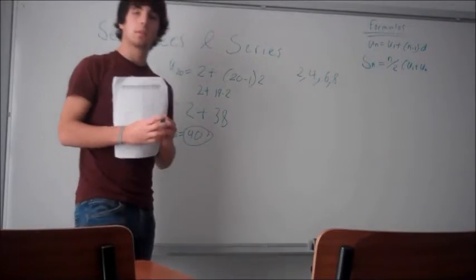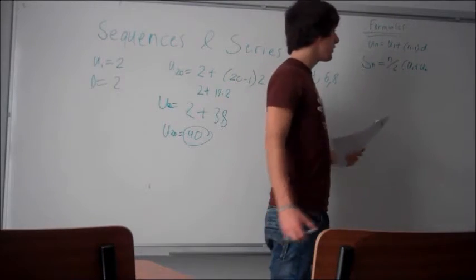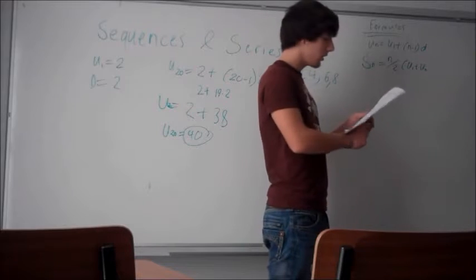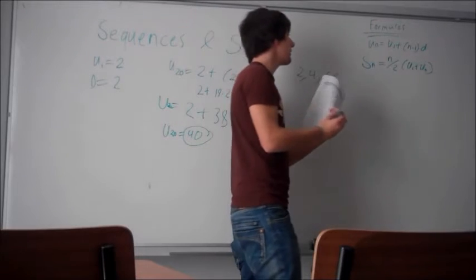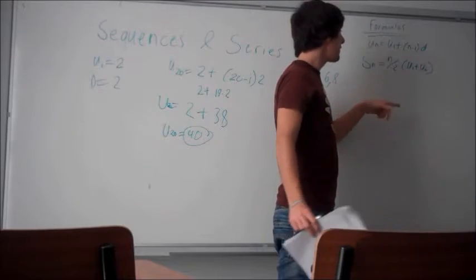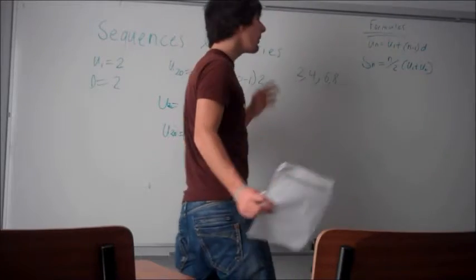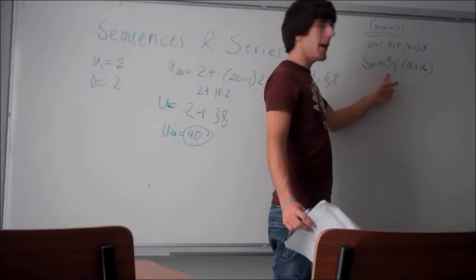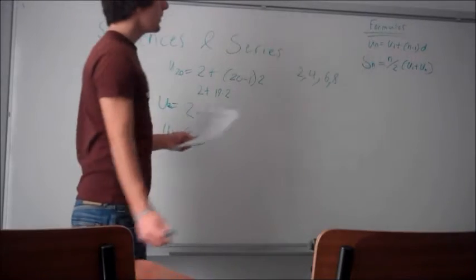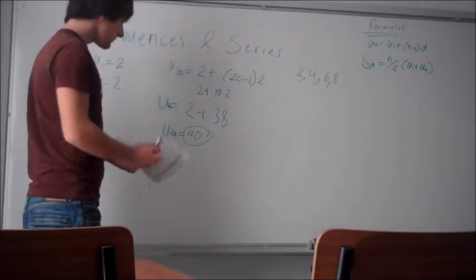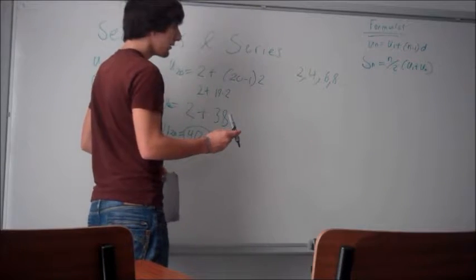Okay, the formula is sum of n equals n over 2 times u sub 1 plus u sub n. Now, we already know what u sub 1 means, and we know what n means. It's the number we want the sum of. U sub n is basically the last term you're left with if you put all the numbers together.